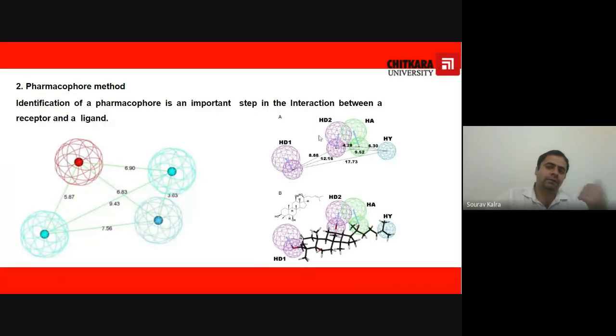If the features are mimicked, the compound might have the same type of activity, so it can be selected, and we can also predict the activity of those compounds using this method.